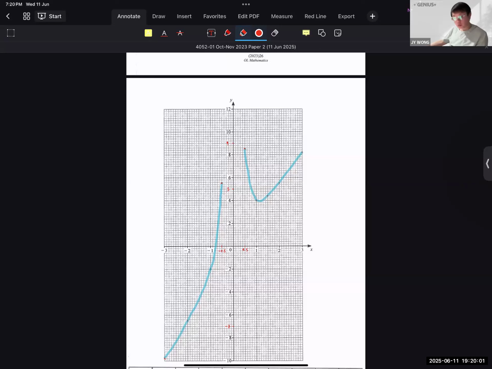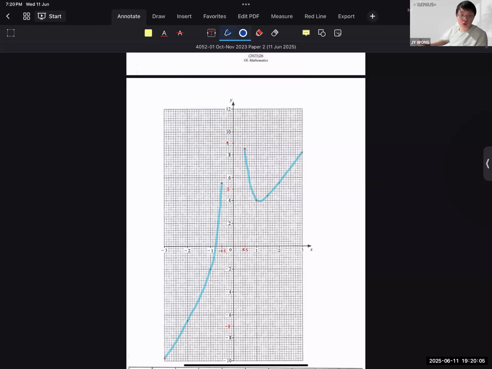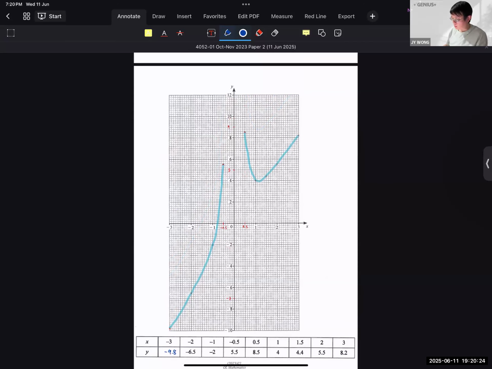Okay? So many students that year lost at least 1 mark because they go and join the two graphs together. But if you understood how a reciprocal graph general shape should look like, this gives you the general shape of your reciprocal graph. This is like that. This is like that. Don't forget to label the equation.